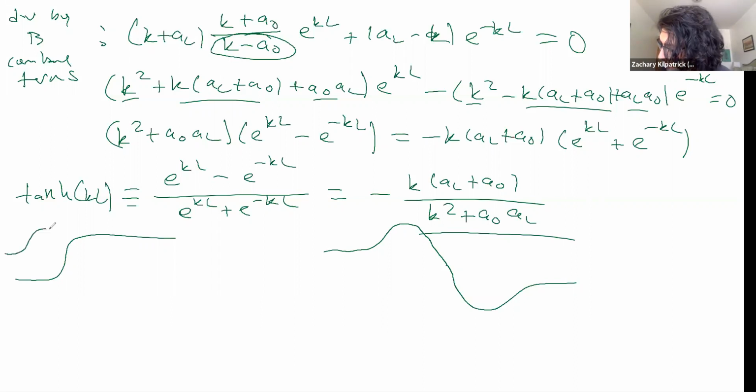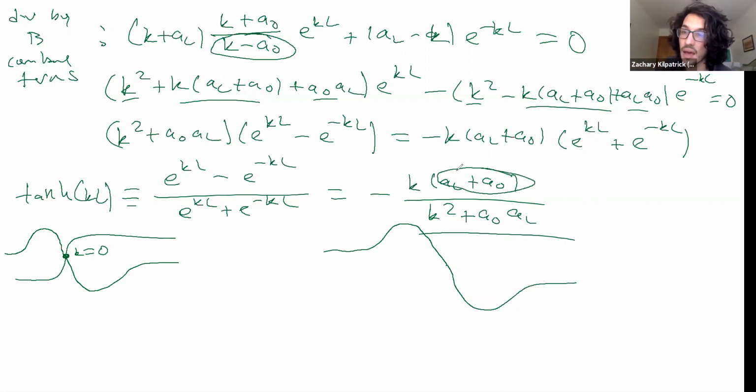So if I want to know what the solutions to this will be, it looks like, as Kyle said, I'm only going to get K equals 0, right? But this actually depends on the sign of AL and A0, okay?